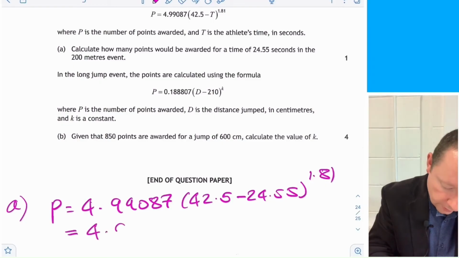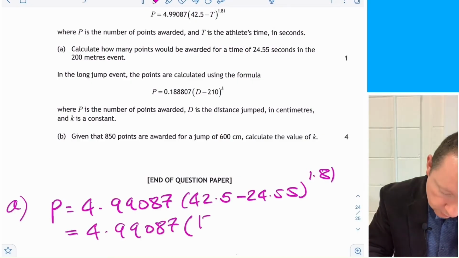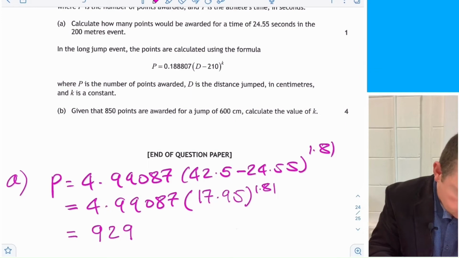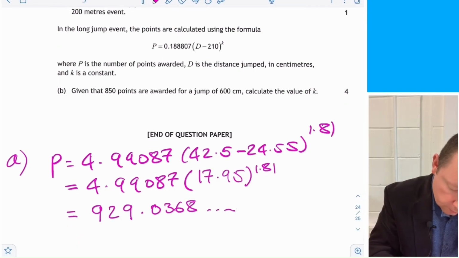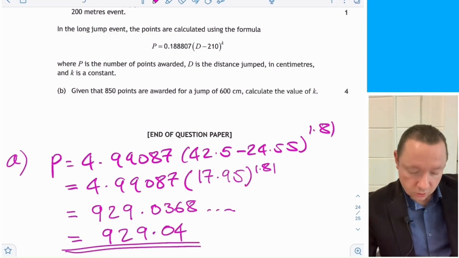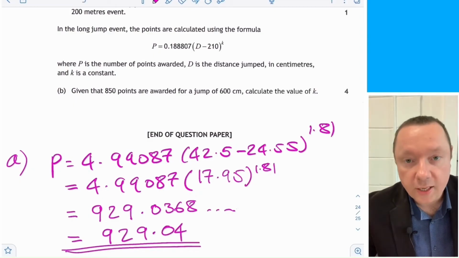That's 4.99087 times 17.95 to the power of 1.81. 929.0368. Let's just make that 929.04. It doesn't quite specify whether the points are whole numbers or not, so that seems reasonable given the accuracy of the rest of the question.